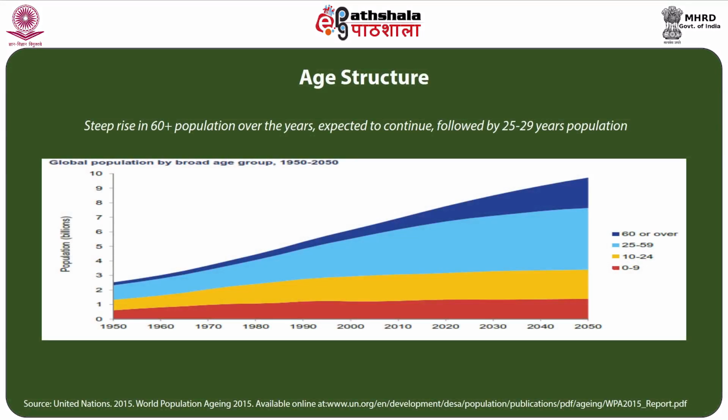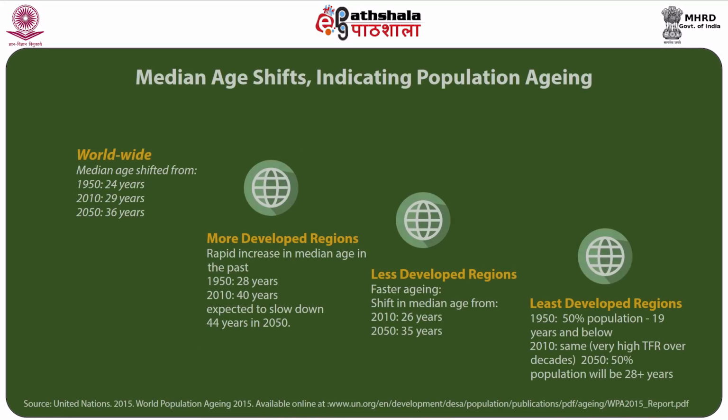If we look at the data related to different broad age groups, for instance, below 9 years, 10 to 24 years, 25 to 59 years, and above 60 years, these different age groups over a period of time clearly indicate that there is a steep rise in the elderly population over the years, and it is expected to continue, followed by the 25 to 59 years young population, which indicates clearly that there is going to be a major shift in median age, clearly leading to population aging.